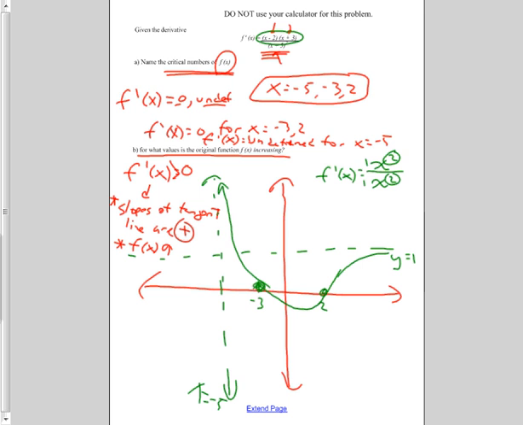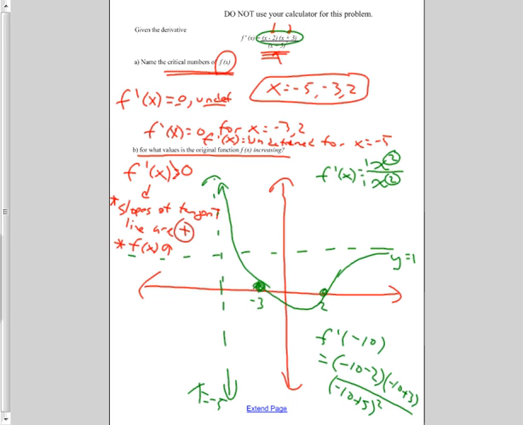Well, we could just plug in some number less than negative 5, like f prime of negative 10. When we plug that in, we get negative 10 minus 2, negative 10 plus 3, all over negative 10 plus 5 squared. And all we care about is the sign of this.